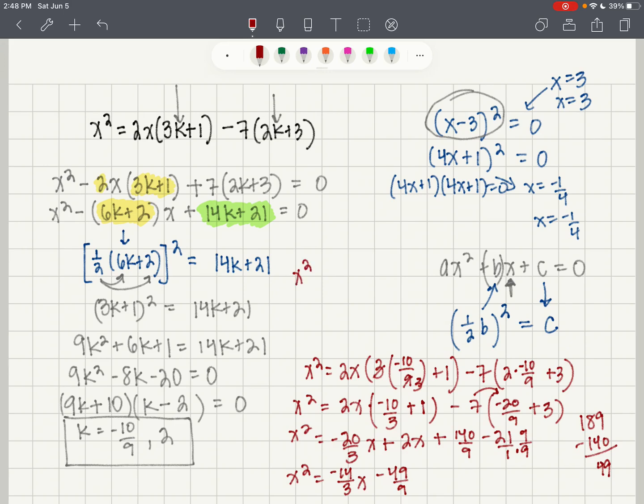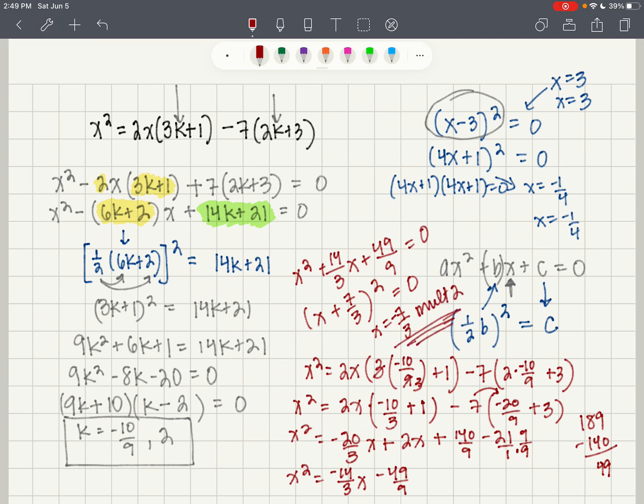And let's see, x squared plus 14/3 x plus 49/9 equals 0. I'm going to take half of 14/3, which is 7/3. And that is how that factors: (x plus 7/3) squared. So I'd have x equals negative 7/3 with multiplicity 2.